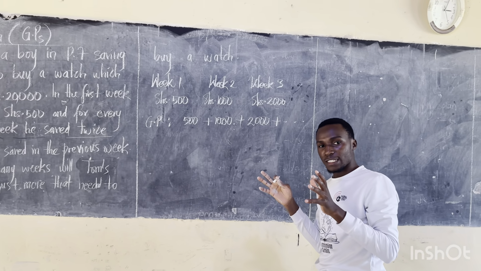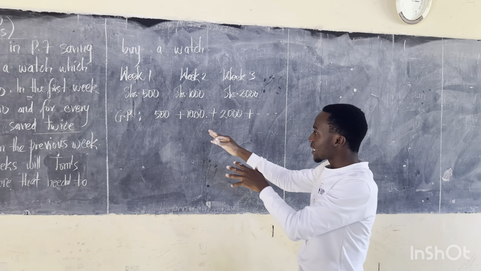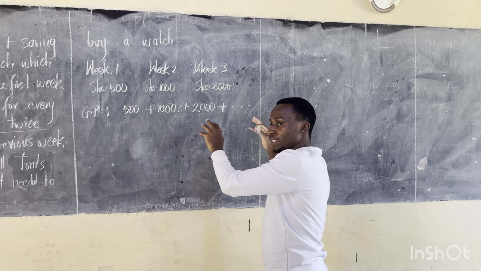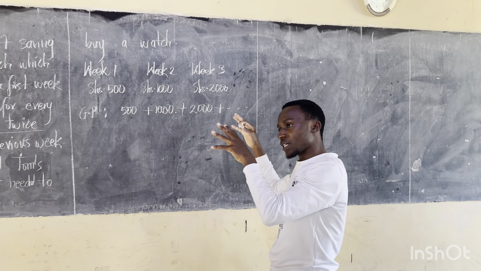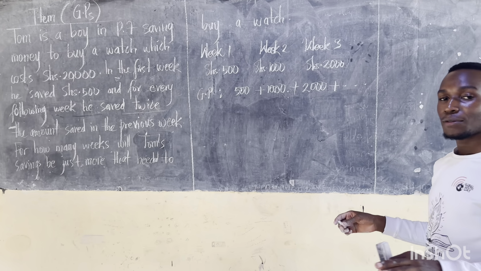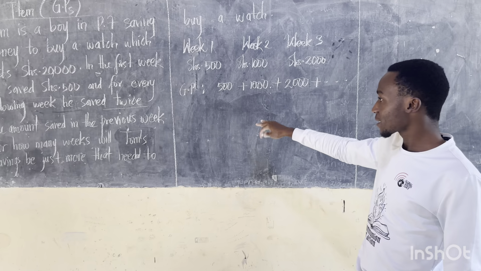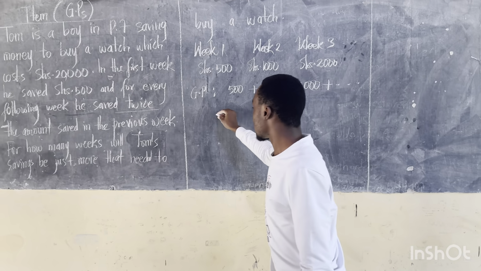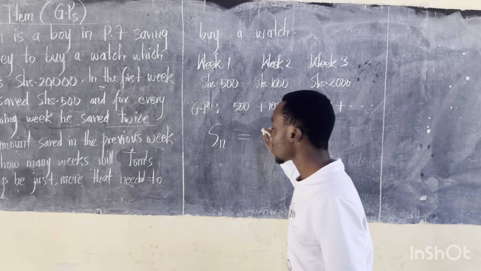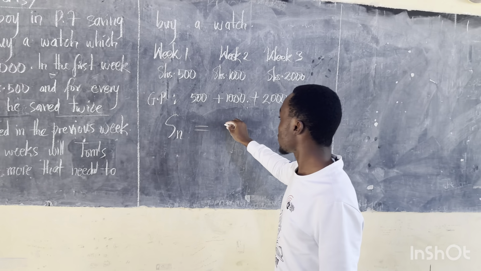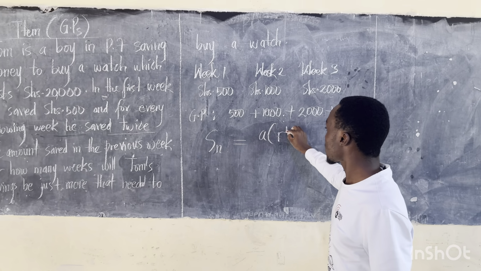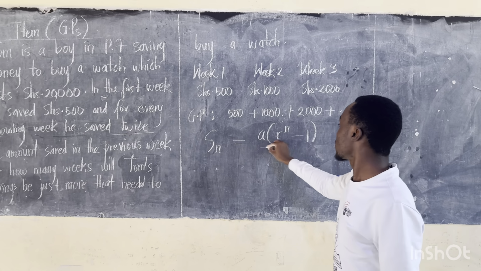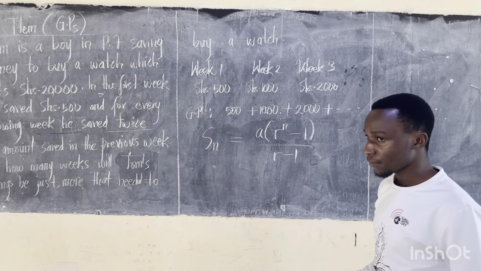Hearing the word accumulate tells us that we need to find the sum of the different savings in whatever weeks. So we shall use our summation formula for the GPs, which says that the summation of n terms is equal to A into r to the power of n minus 1, over r minus 1.